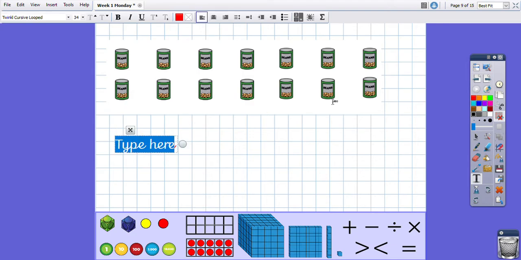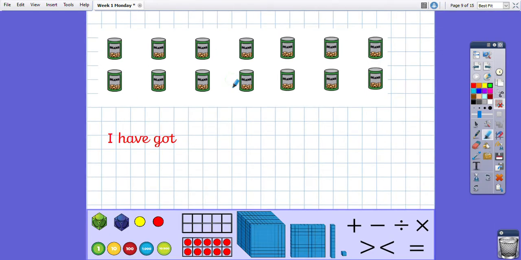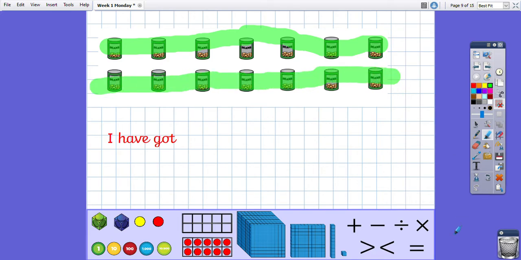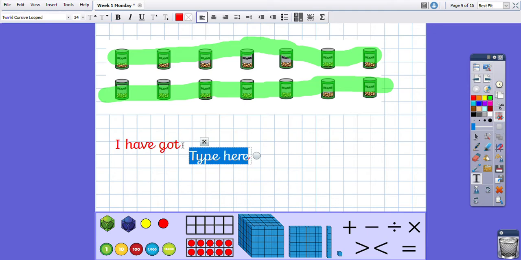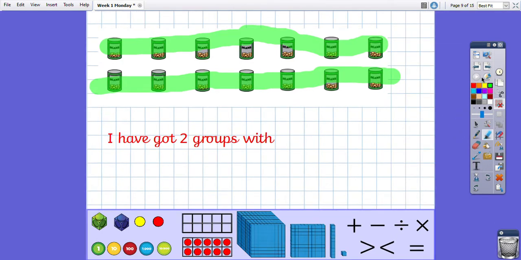So sometimes it helps me to write it out. So I'm going to put I have got, and I can see my groups like this. So I've got one group, oh dear, Miss French, there, and another group here. So I've got 2 groups. So I have got 2 groups with, and then I just need to count how many are in each group.